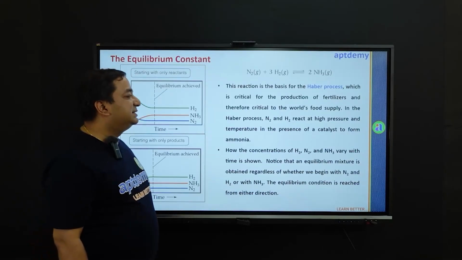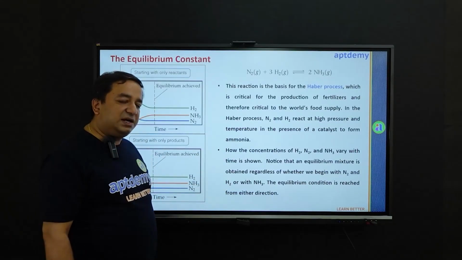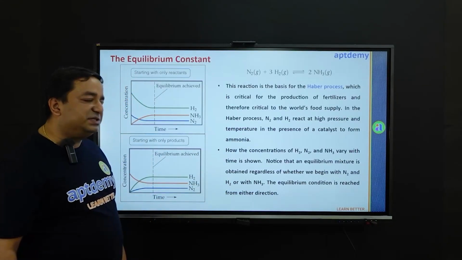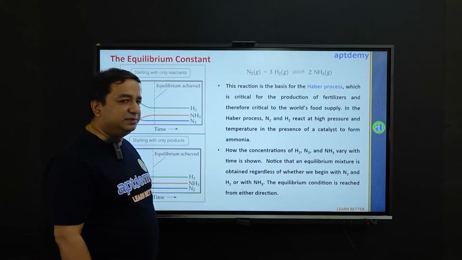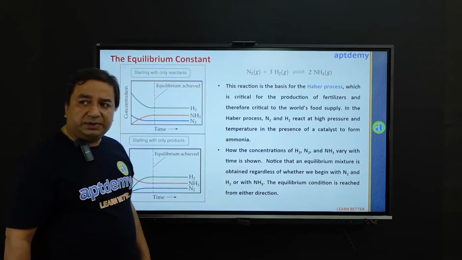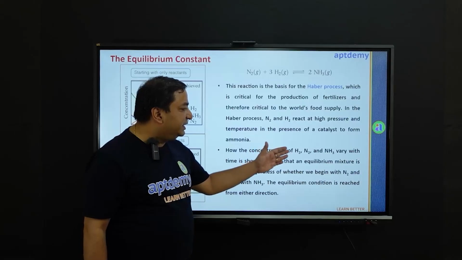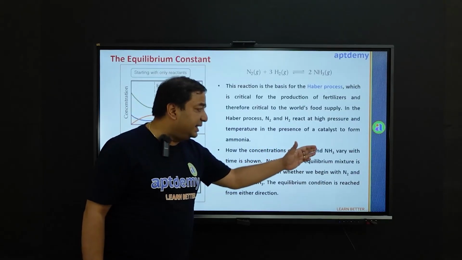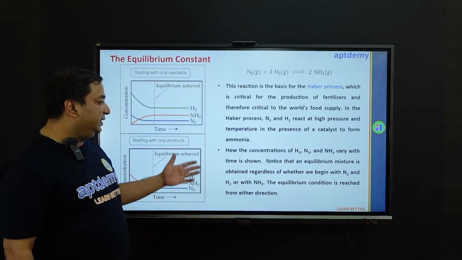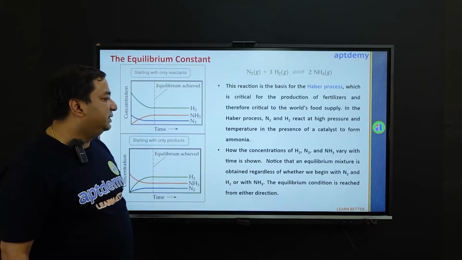In the Haber process, as I have mentioned, nitrogen and hydrogen react at a high pressure and high temperature in the presence of a catalyst, which is molybdenum and iron, to form ammonia. Okay. So how the concentrations of H2, N2 and NH3 vary with time is now shown over here in the graph.